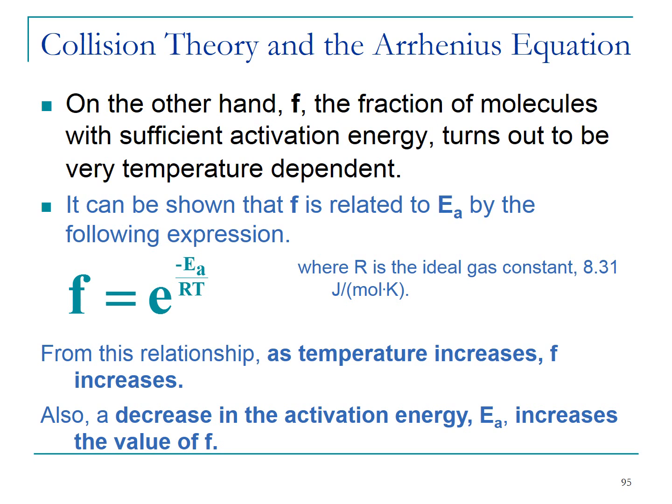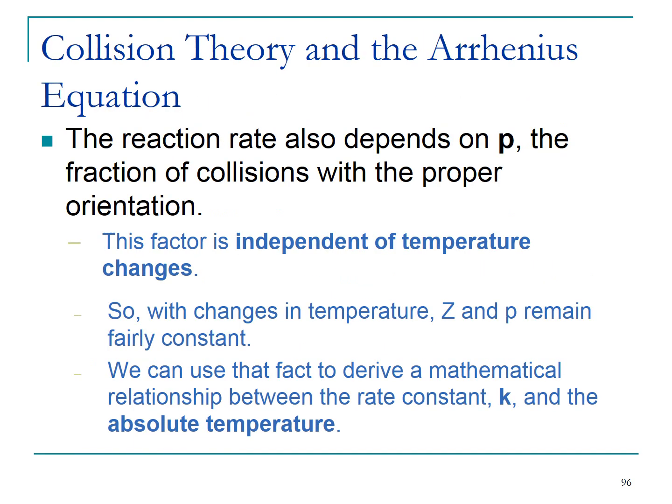Or also if Ea gets smaller, because it's becoming less negative, F gets bigger. And so F is basically the number that, the lower the activation energy, the more molecules, of course, that have enough activation energy. And as temperature increases, the more molecules that have that enough activation energy. And so that's the main reason why rates of reaction increase with temperature.